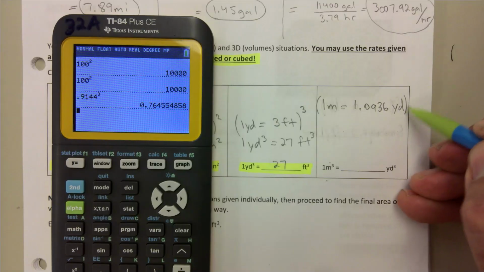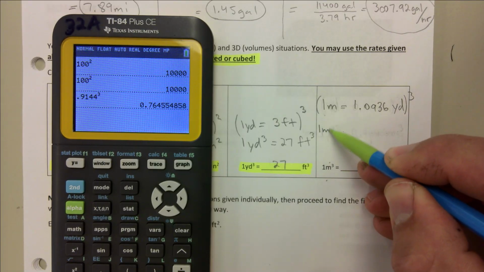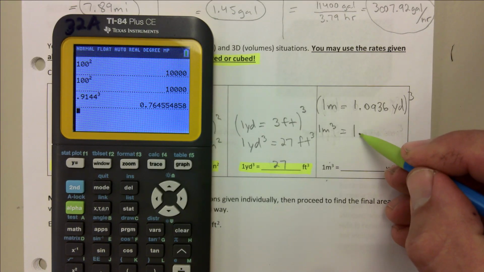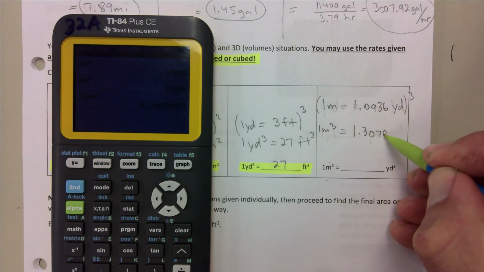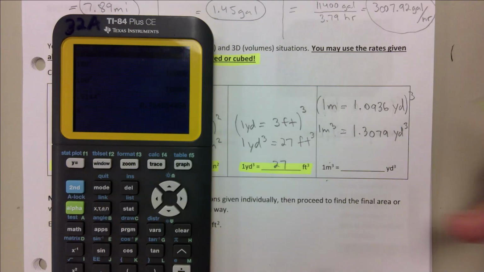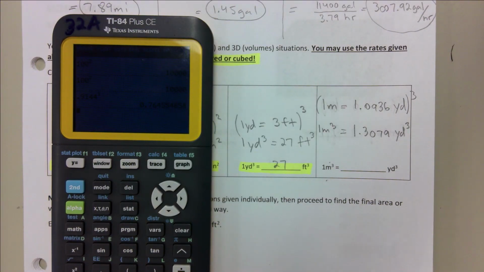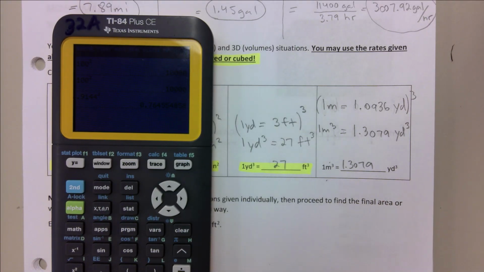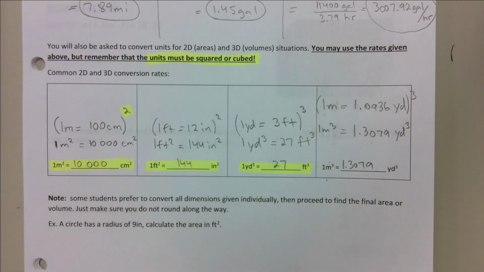If you cube it, you find that 1 cubic meter has 1.3079 cubic yards. I'm not going to highlight that one, so I'm just going to tell you these 3 here I would definitely have on my study sheet. Okay.